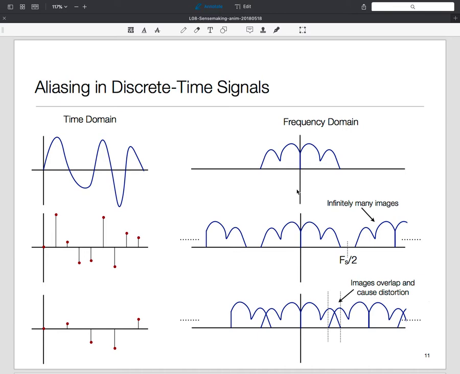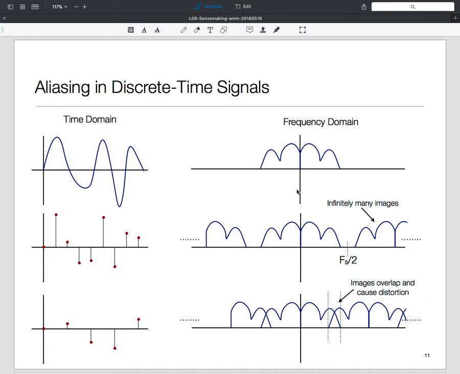We also touched upon this earlier: if, perchance, you are wrong about what the maximum frequency is, and you were to sample at less than twice the maximum frequency, then the act of sampling in time can be viewed as repeating the spectrum with the sampling frequency.